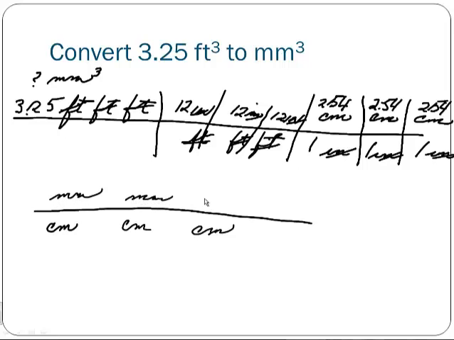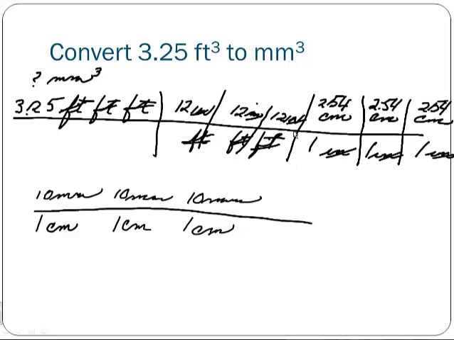Millimeter, millimeter, millimeter. I know that in 1 centimeter, there are 10 millimeters. If you don't believe me, go look at a ruler, a metric ruler, or a meter stick. There are 10 millimeters per centimeter.